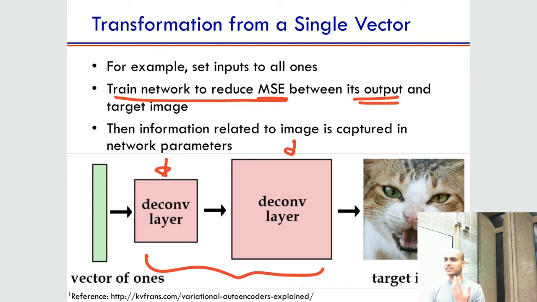Then I just minimize the difference between the actual cat image and the generated image, and do backprop to update the weights. For example, if I have a vector of ones, and this is a target image, I can find the weights such that the ones map to the target image.